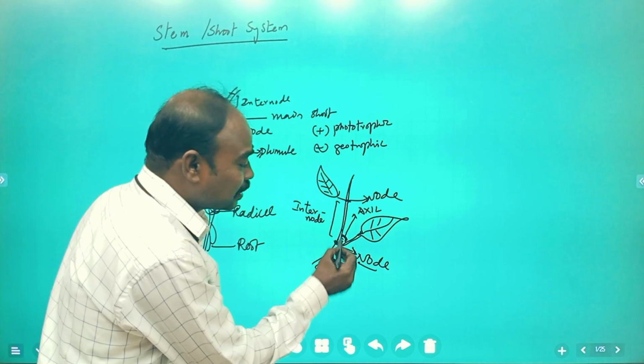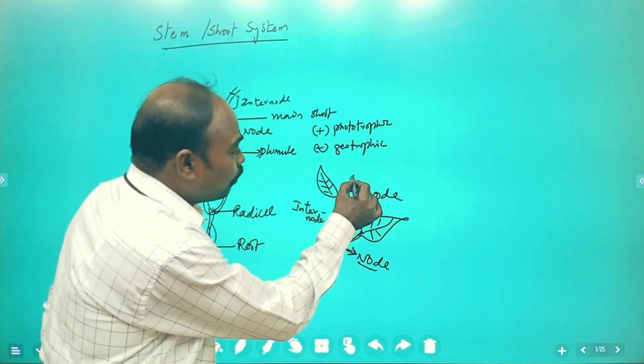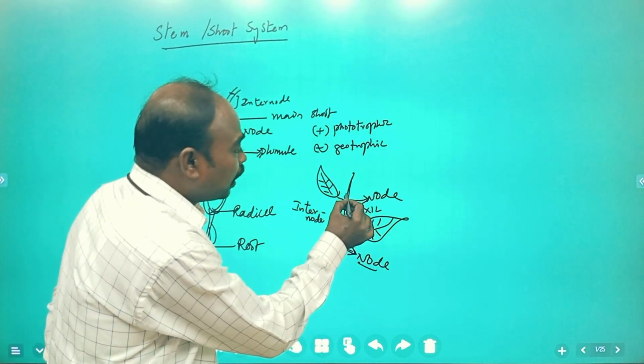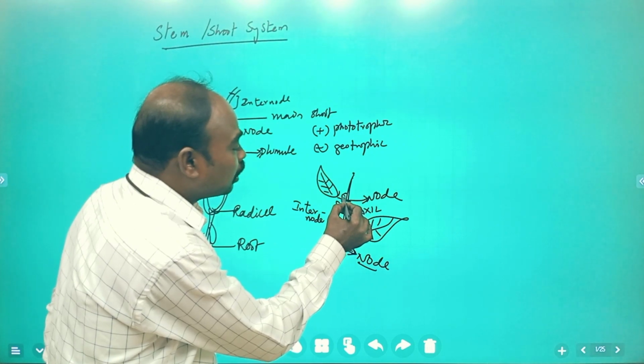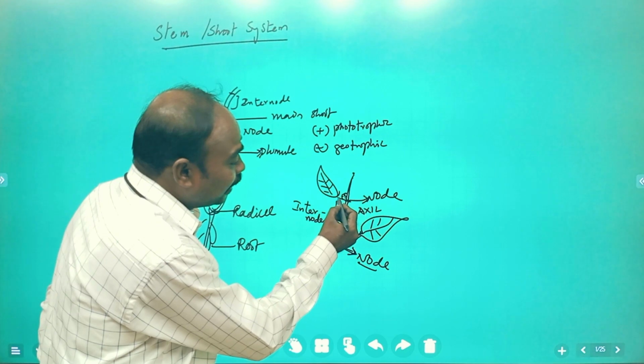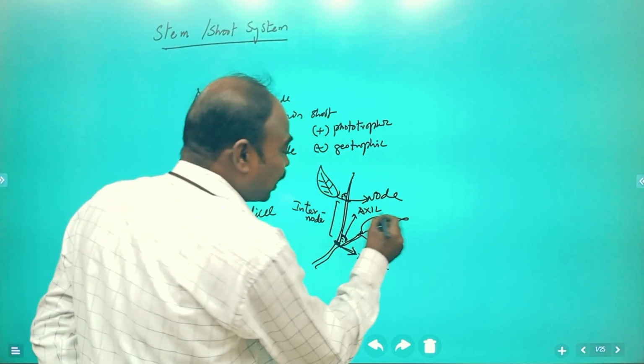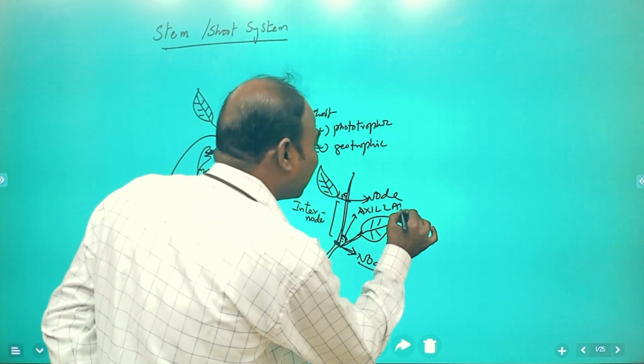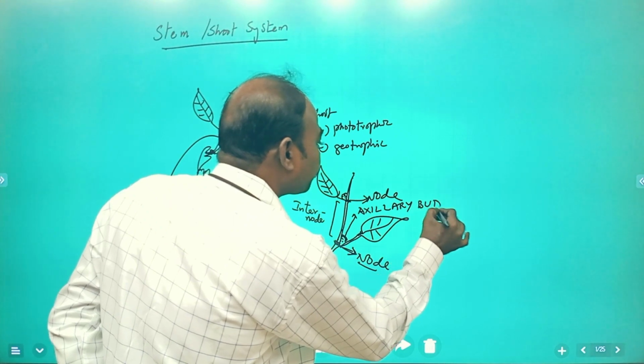Some meristematic cells are left behind from the apical meristem in the axils. Hence, it forms an axillary bud.